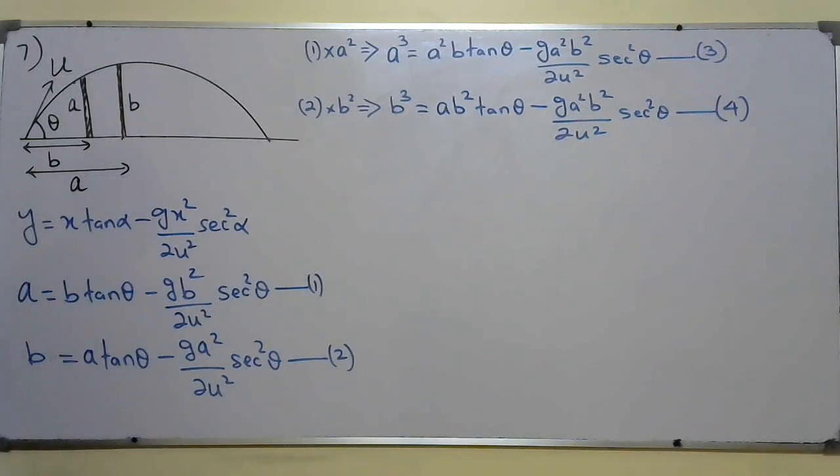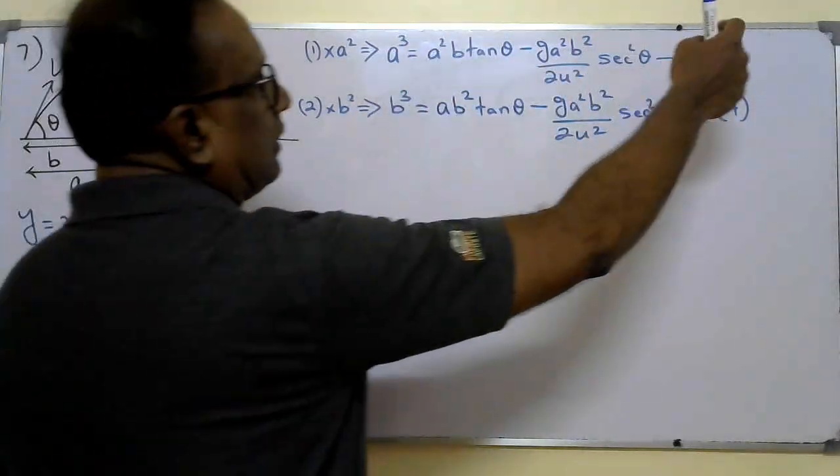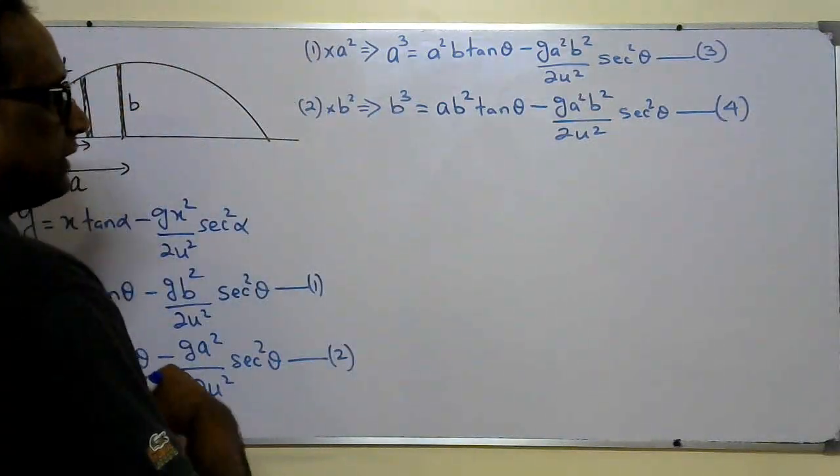Okay, now you can see a tan theta minus b, so we'll subtract the fourth equation from the third equation.